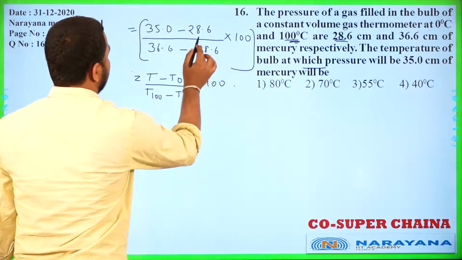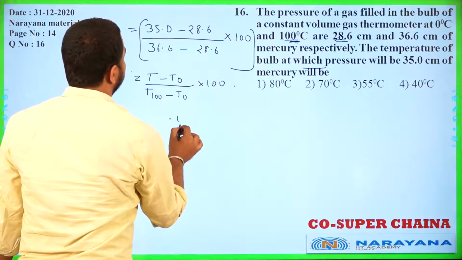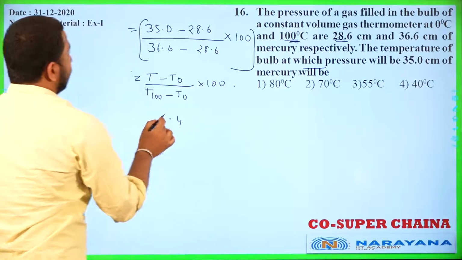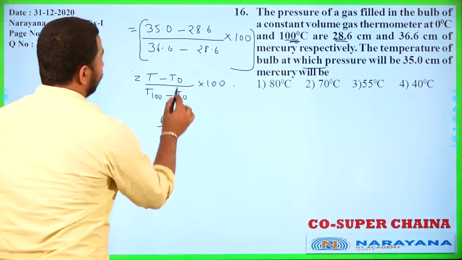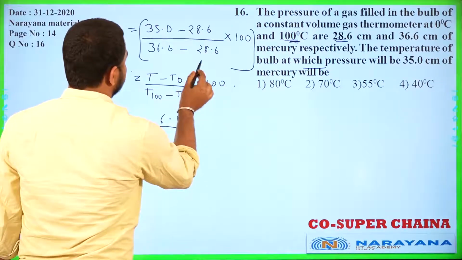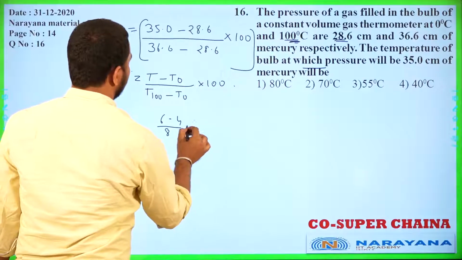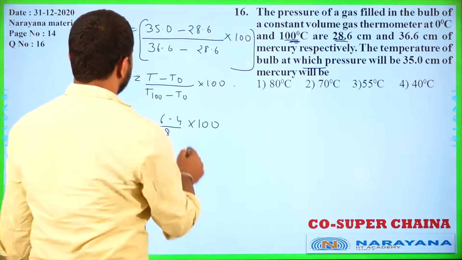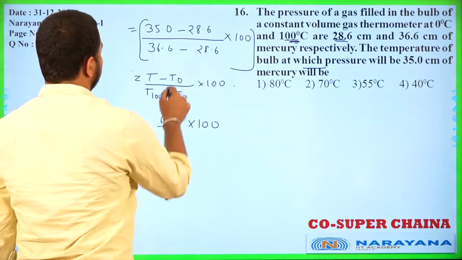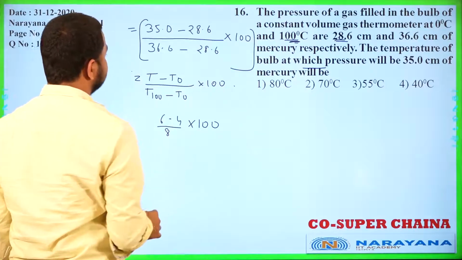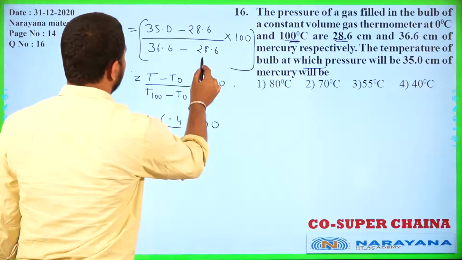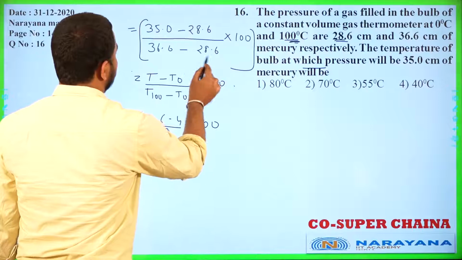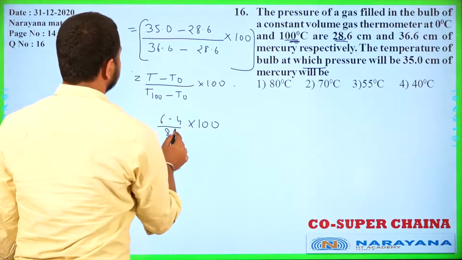So if you simplify, what are we getting here? 6.4 by 8 into 100, right? Just check the calculation part, recheck it. Yes, this will be coming 8.0.